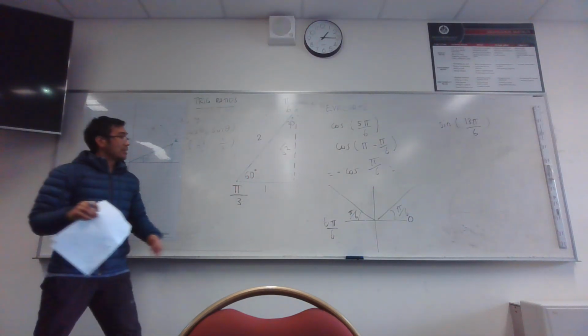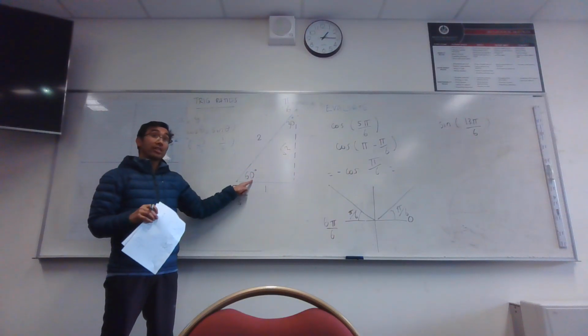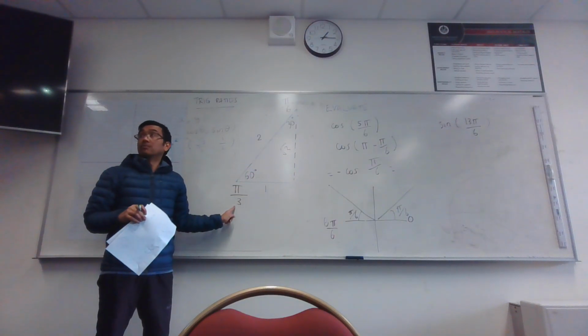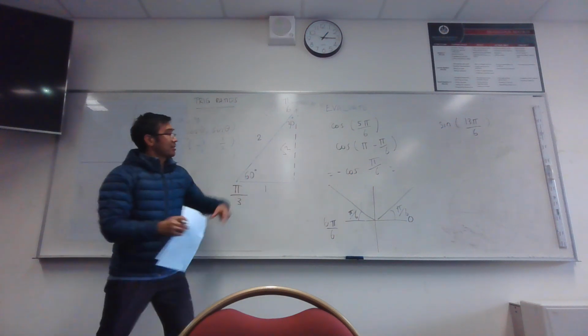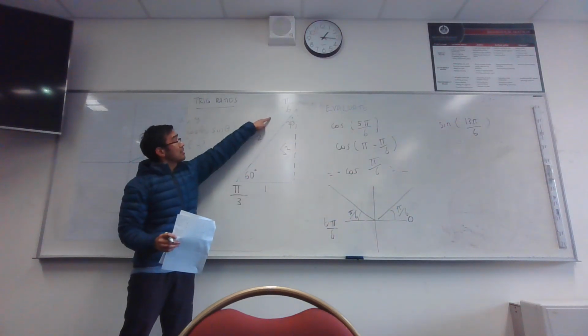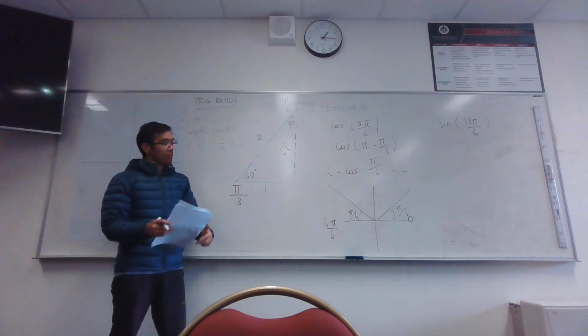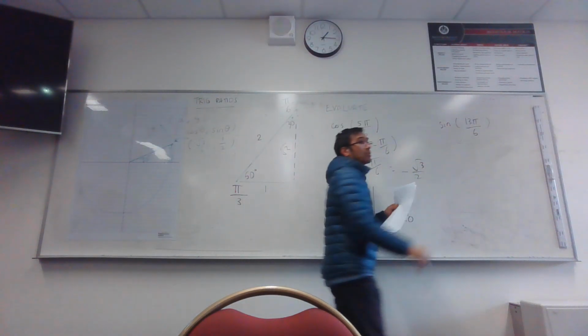So you have to be ready to answer these triangle questions, whether it's in degrees or radians. Negative cosine pi on 6. I go from my pi on 6, adjacent over hypotenuse, negative root 3 on 2.